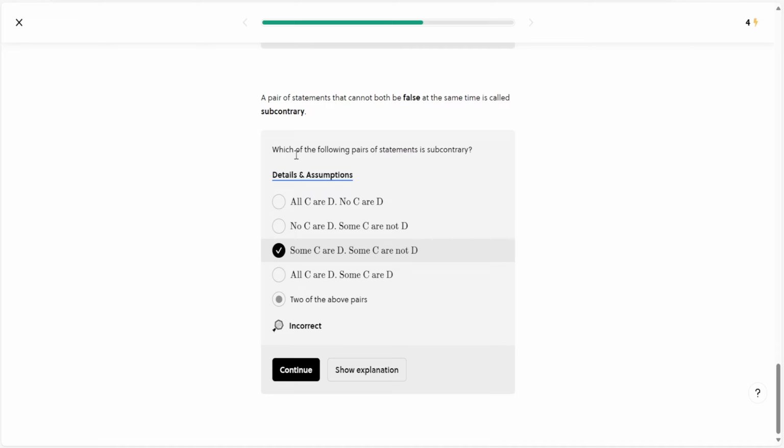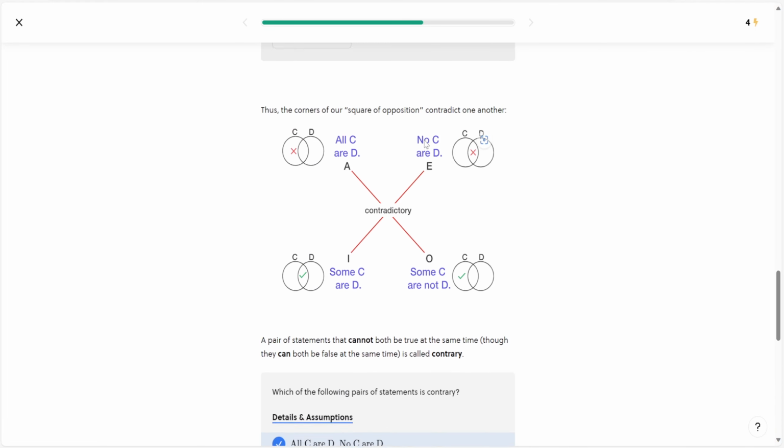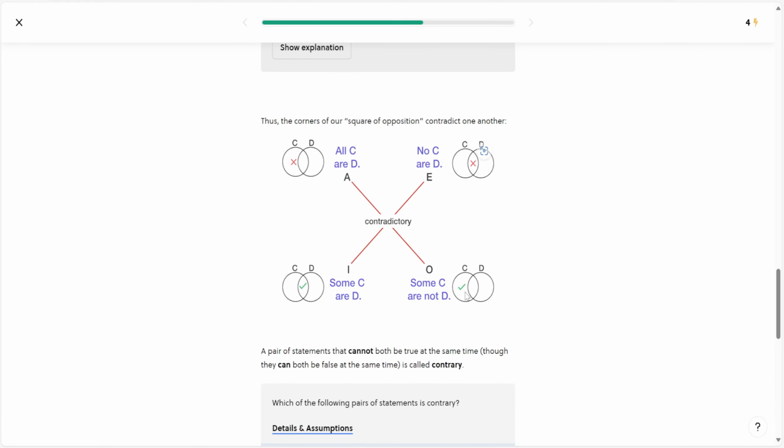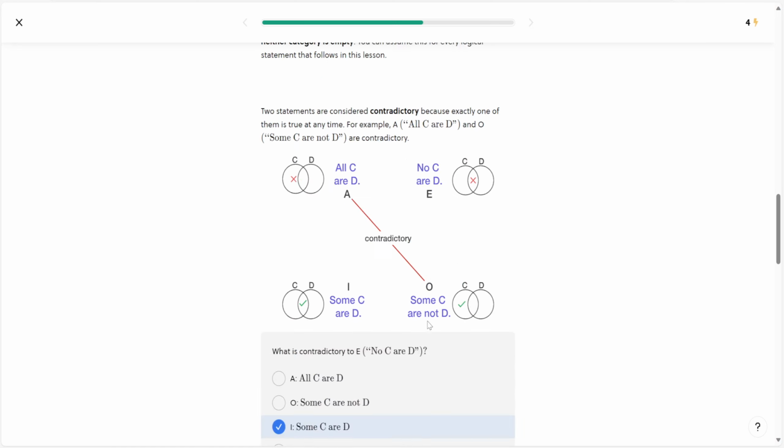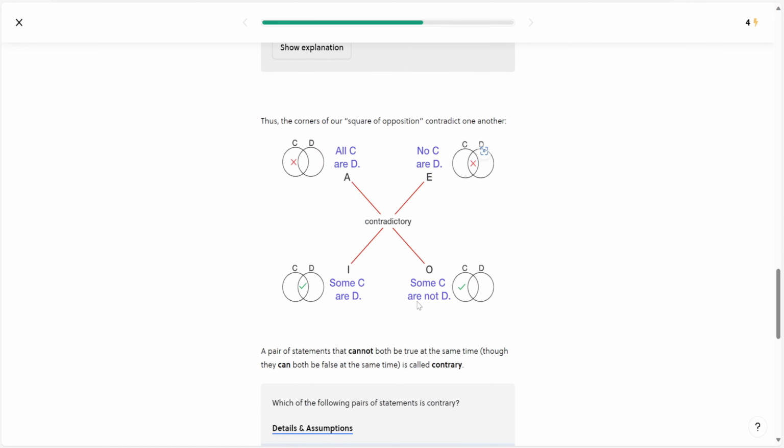Right. Which statements? A pair of statements that cannot be false at the same time. Right, is this what the special condition's about? Because if they were both false, then there would be nothing in C.